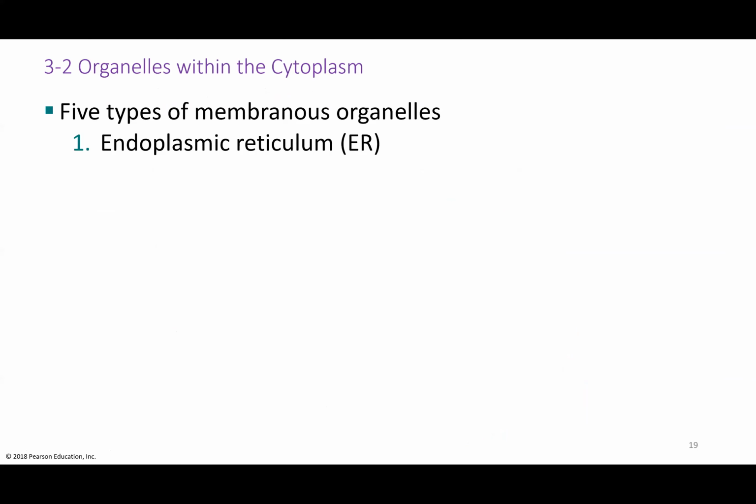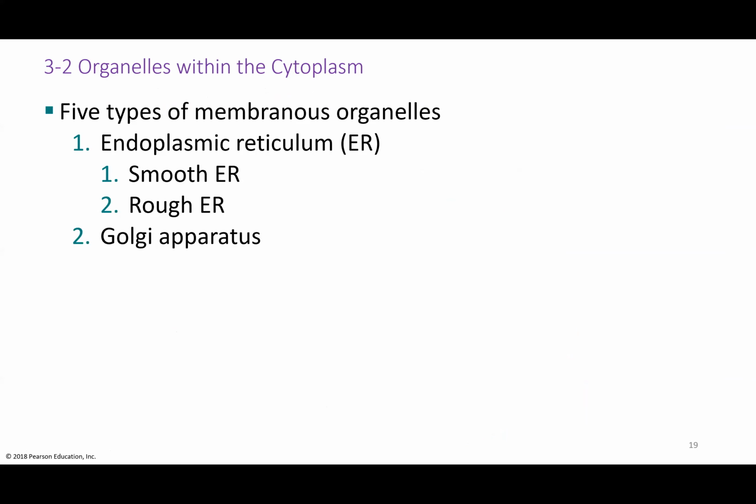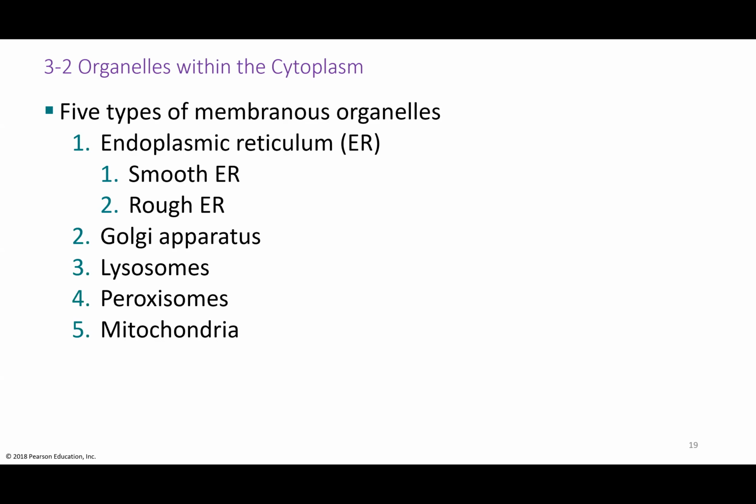We are going to start moving into other types of organelles that you find in the cell. So five types of membranous organelles. These are organelles that are bound by a membrane: endoplasmic reticulum, which can be either smooth or rough endoplasmic reticulum, the Golgi apparatus, lysosomes, peroxisomes, and mitochondria.